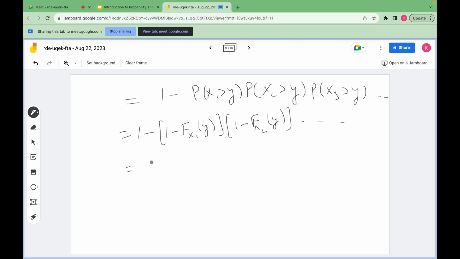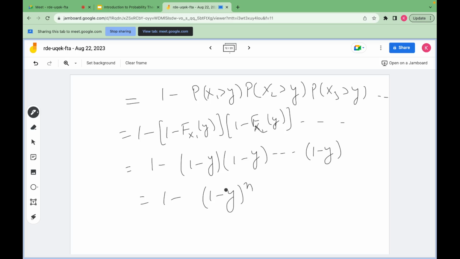F of X1 at y is y, so this becomes (1 minus y) to the power n. This is the cumulative distribution function for Yn.